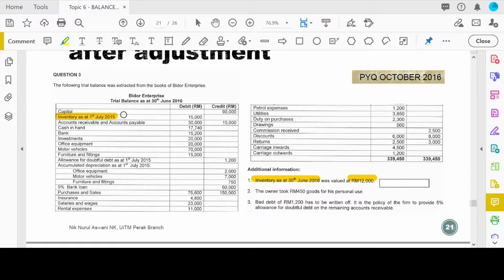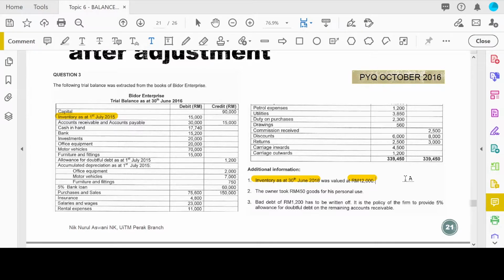For inventory at the beginning of the year, this one will be disclosed in cost of sale. The closing inventory also will be disclosed in cost of sale as well as current asset in the statement of financial position. So let's put some note here.